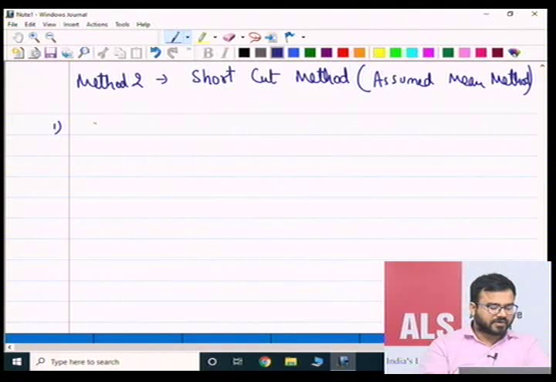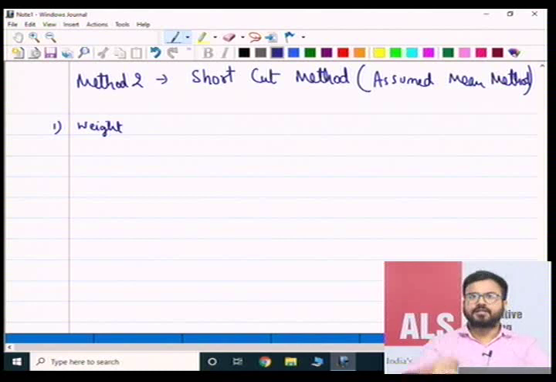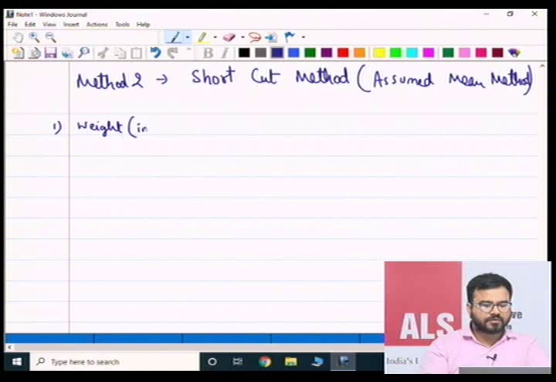Suppose the data is given, weight of students are given. I am already writing the data in the form of columns so that we don't have to write it again. So weight in kg is given and the number of students.